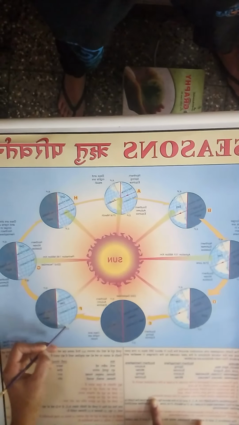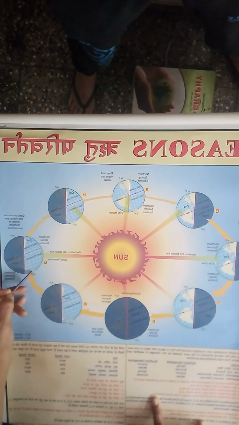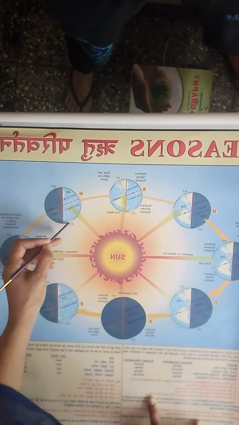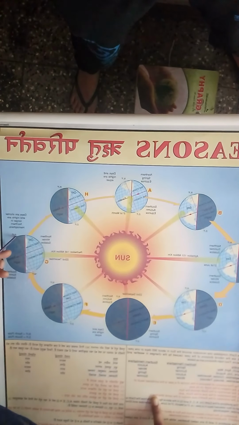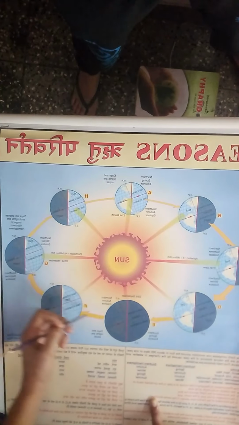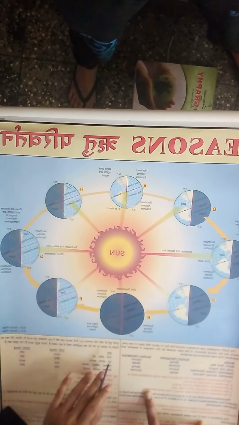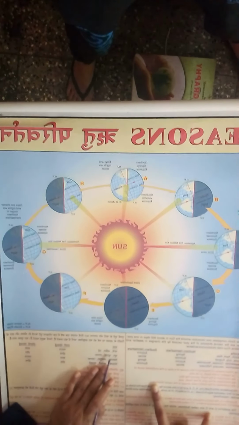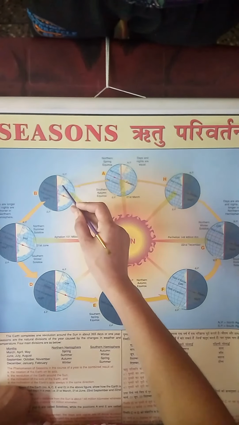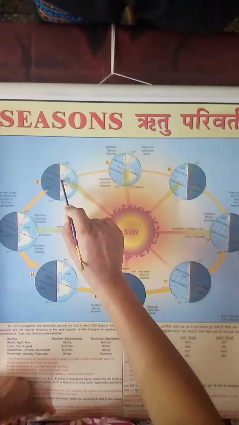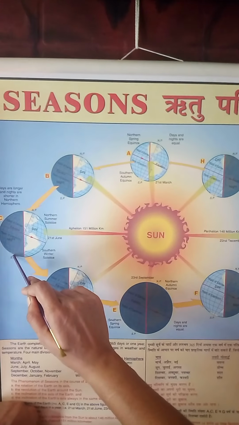On the other hand, the south pole is tilting towards the sun. Because of that, these places experience complete daytime, that means 24 hours daytime, and the north pole experiences 24 hours night time. This is also experienced for around 6 months. All of this is because of the tilting of the Earth's axis. When the northern hemisphere experiences its summer days, the south pole experiences its night time.